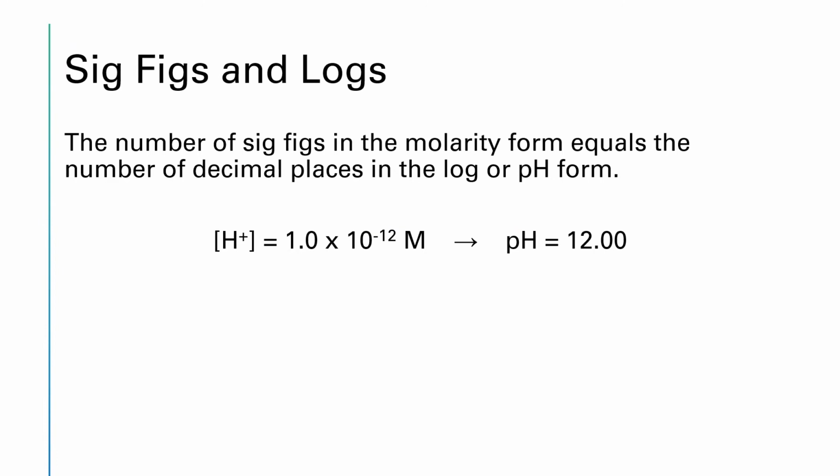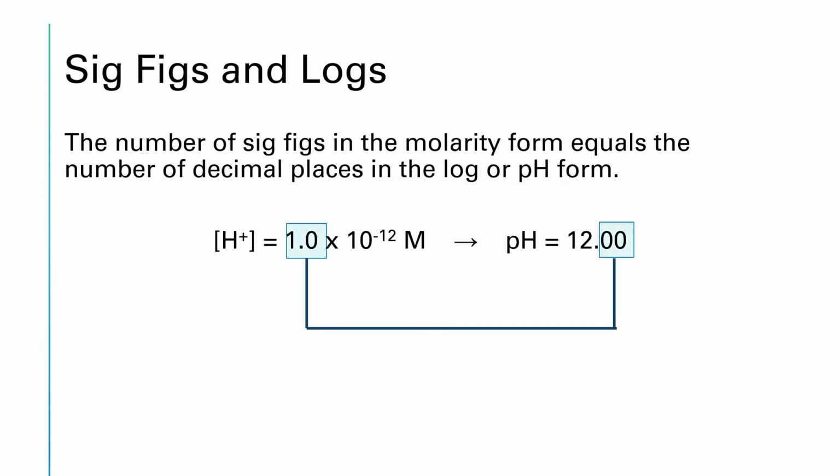There's a new set of significant figure rules that we have to learn now if we're doing significant figures in logs. It boils down to figuring out how many significant figures you have in the molarity, and then that total number of sig figs in the molarity becomes the number of decimal places that we will keep in the pH.